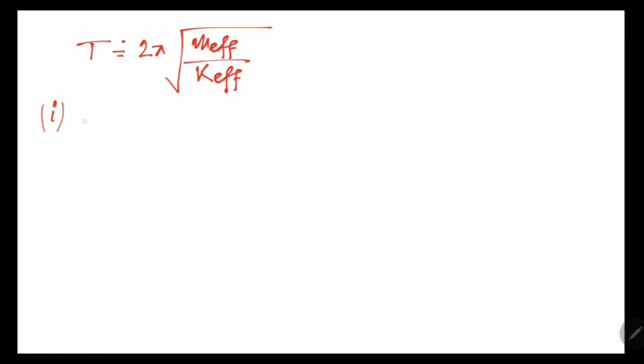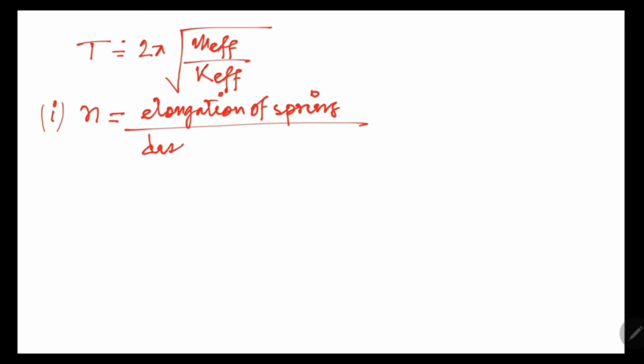When the axis of rotation is not the center of mass, first of all shift the end of the spring which is connected to any point of the rod to the center of mass of the body for finding the n factor of the spring, where the n factor equals the elongation of spring by the displacement of the center of mass at that instant.